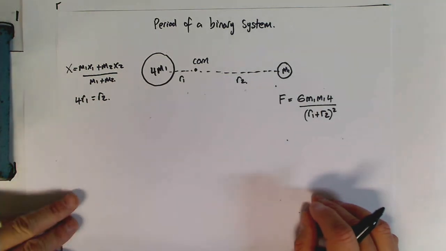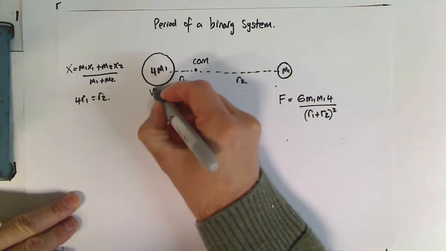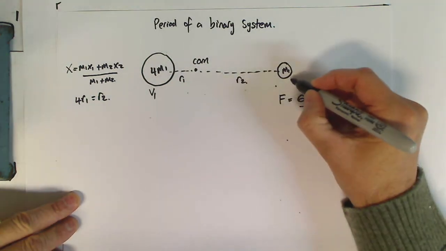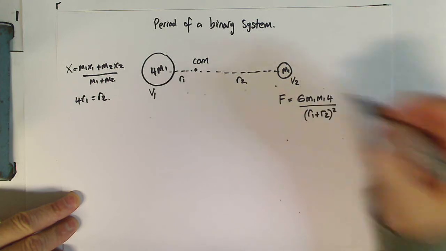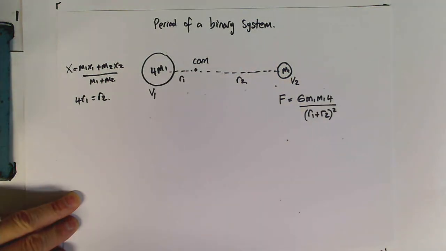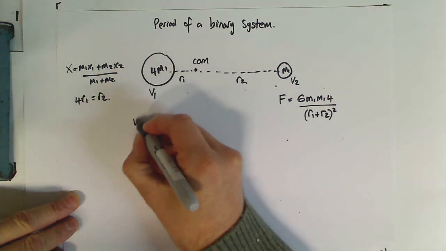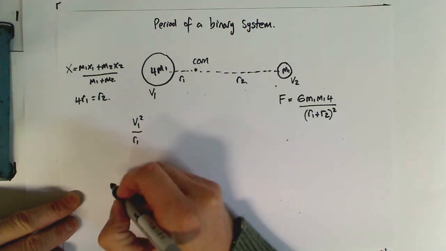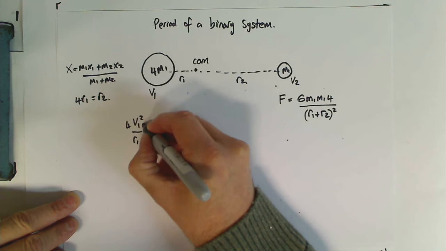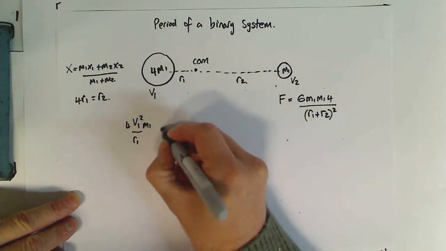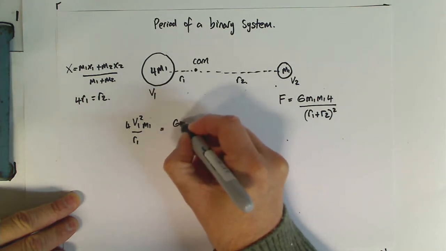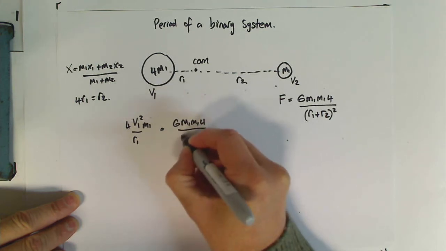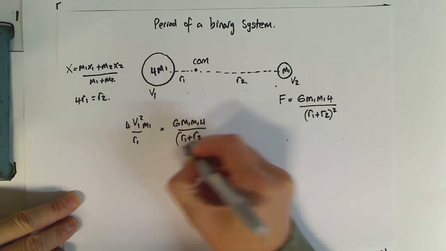Let's write down those little equations. v1 is going to be the velocity of the left-hand body, and v2 the velocity of the right-hand body. So we can say v1 squared over r1 times the mass, which is 4m1, must be equal to that equation, big G m1 4 over r1 plus r2 squared.